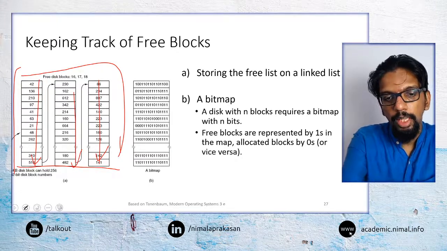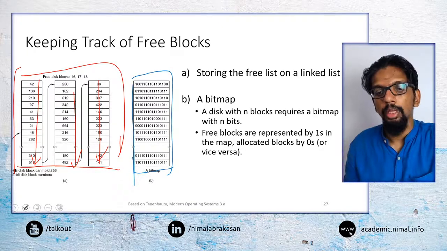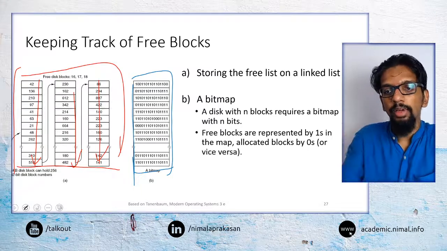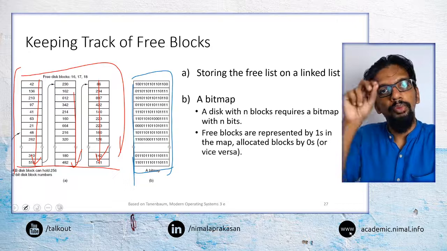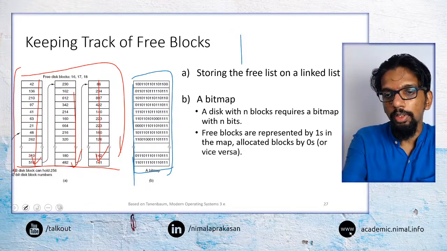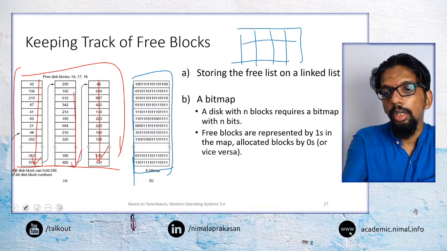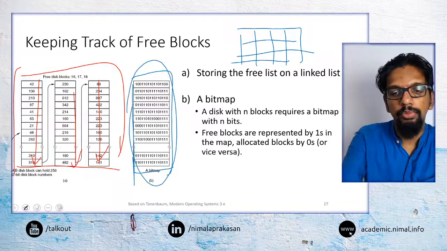Another mechanism that we can have for this purpose is what we call a free bitmap. So here we would have a bitmap or set of bits to identify each and every one of the blocks in the storage medium. Say if our storage medium is split into 64 units, here we will have 64 bits.